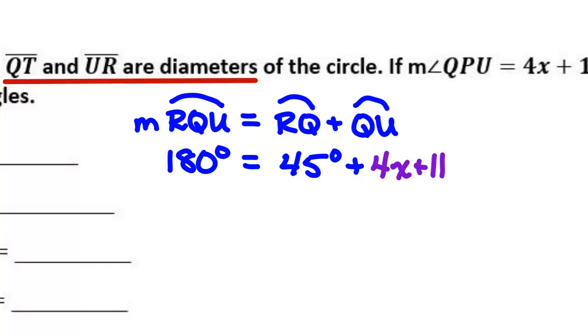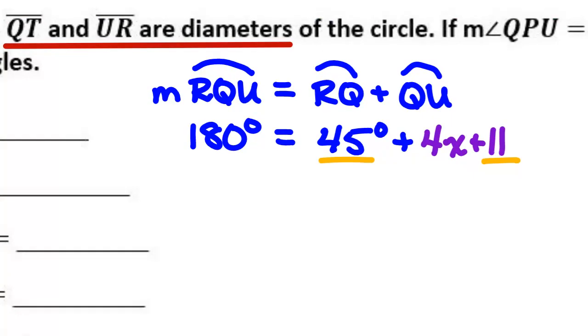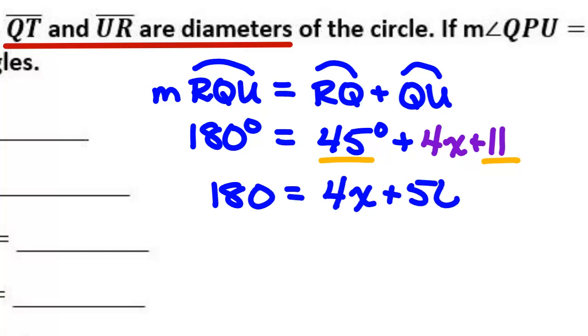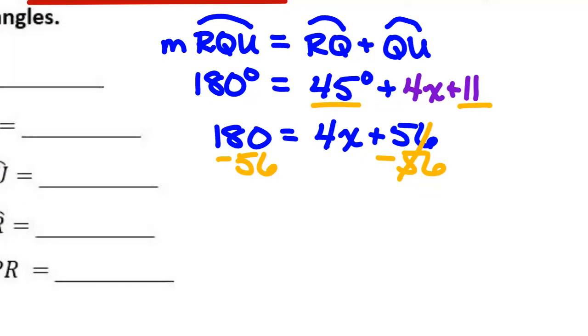So now we're going to combine some like terms together. I'm going to combine 45 and 11. When I combine those, I get what? 56. So 4x plus 56. So then I'm going to subtract 56 from both sides. What is 180 minus 56? 124.